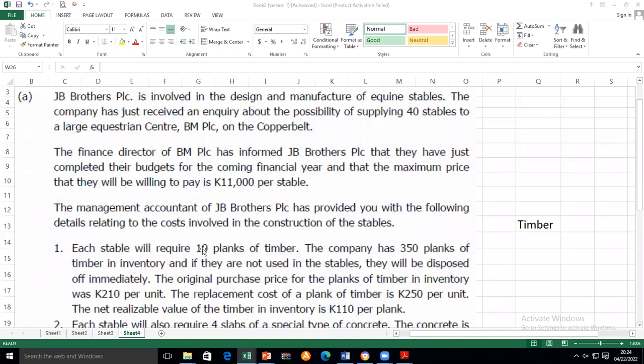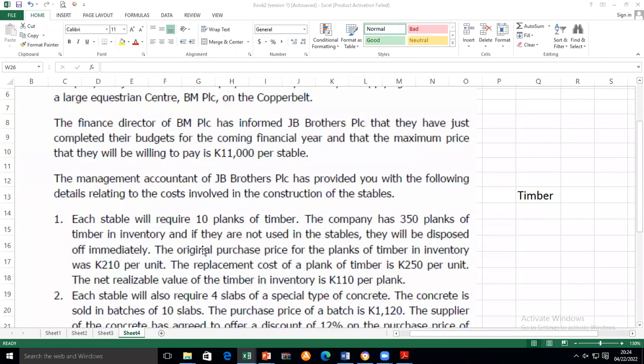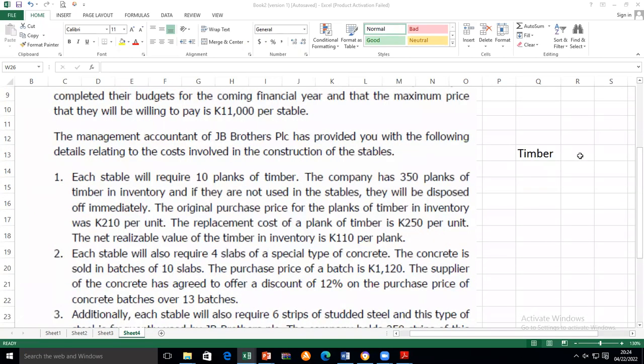So 40 multiplied by 10, how much do we need? 400. We have 400. So out of this 400, we have how many? 350. 350 are already there. These 350, are we going to replace them? No. Then we have got another 50.